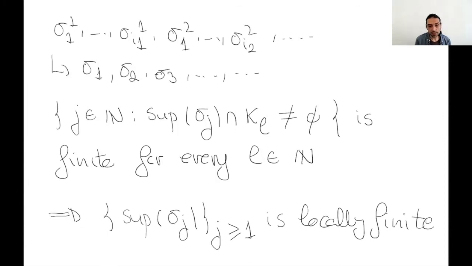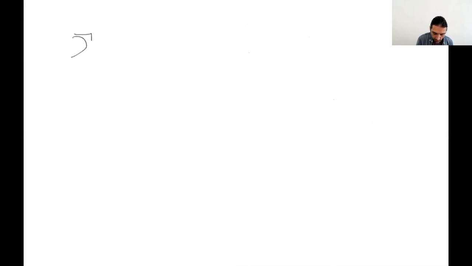So this is almost already a partition of unity. The only thing that is not clear is the sum of these functions, which we already know is going to be positive. The sum from j equal 1 to infinity of sigma j is positive at every point of our manifold.